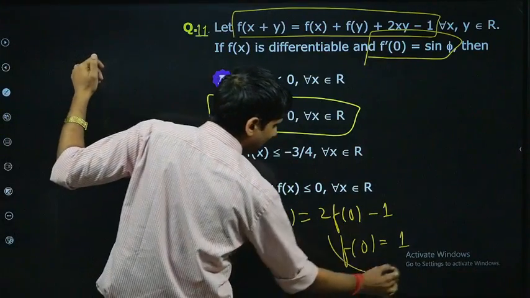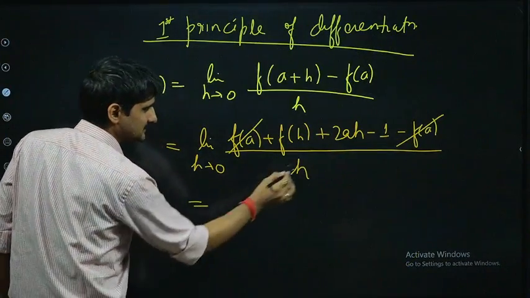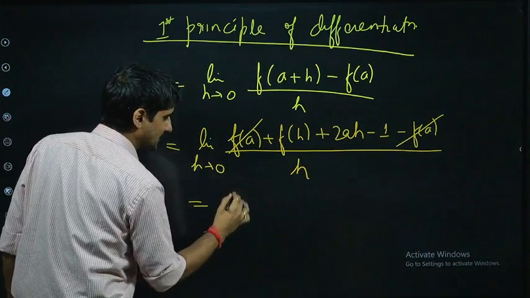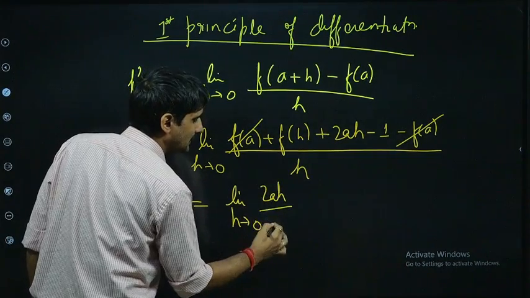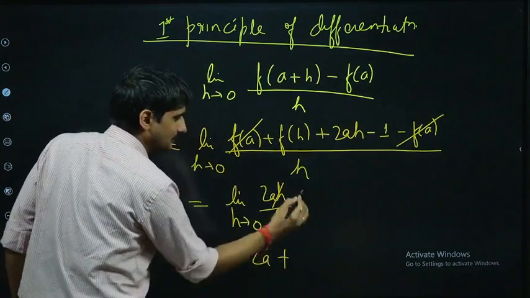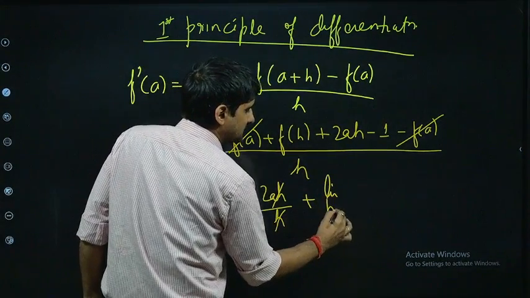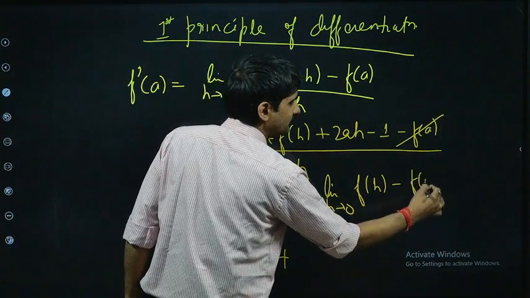We got f of 0 as 1 here. So this one can be replaced. So let's solve it. I will say limit h tends to 0 of 2ah by h. That's gone. Limit solved. It's a constant 2a plus limit h tends to 0 of f of h minus f of 0 upon h.